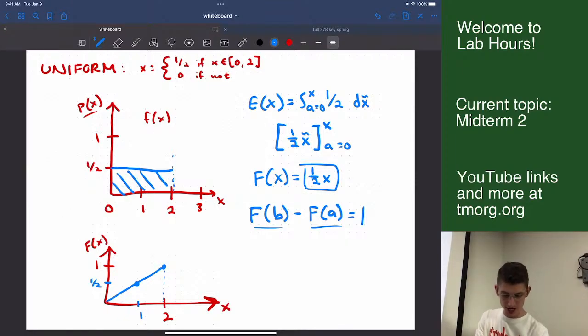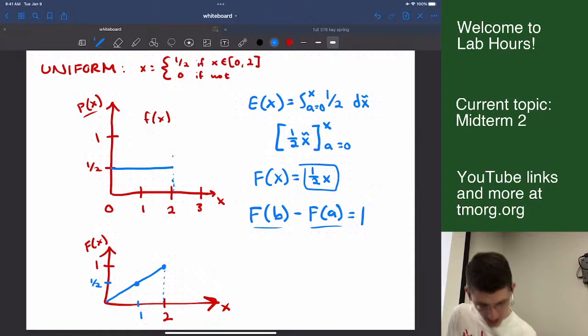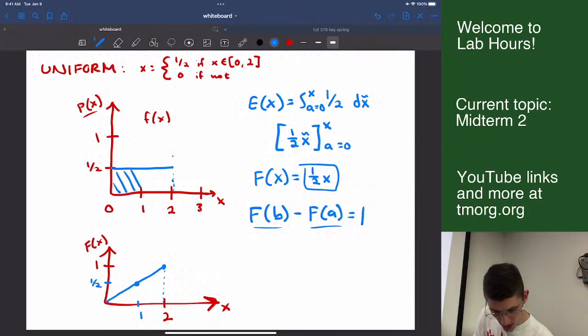And if I integrate this from 0 to 1, what do I get? 1/2, 1/2. You see this pattern here, right?